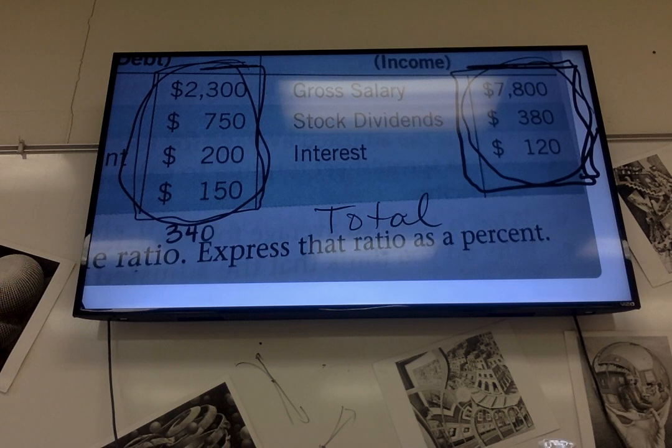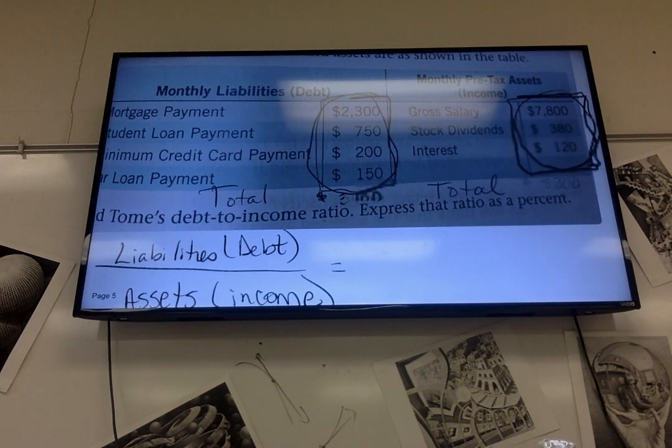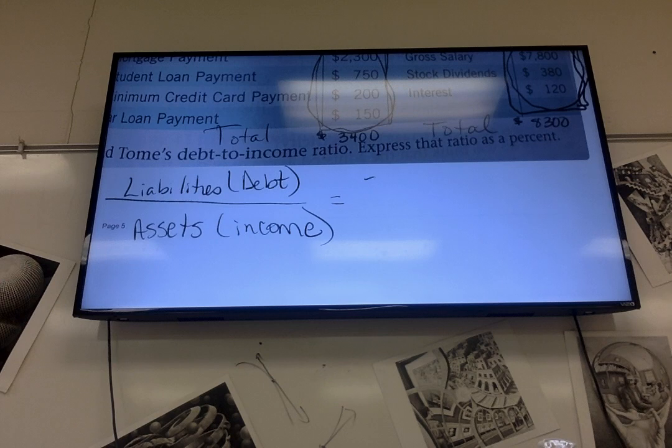That's absolutely right. Yep. Good. So, liabilities were $3,400. Assets were $8,300. And we're going to divide those.